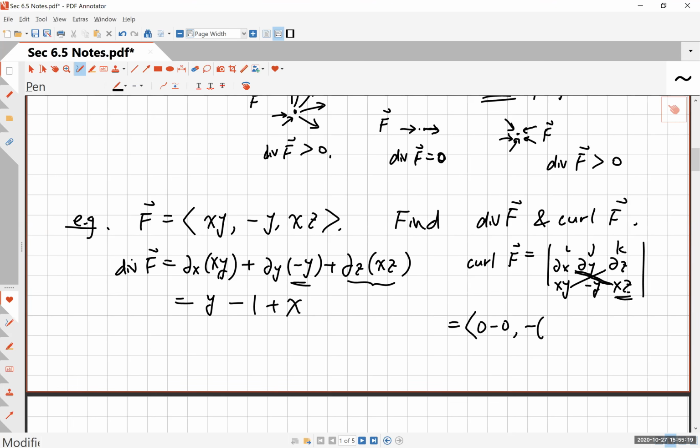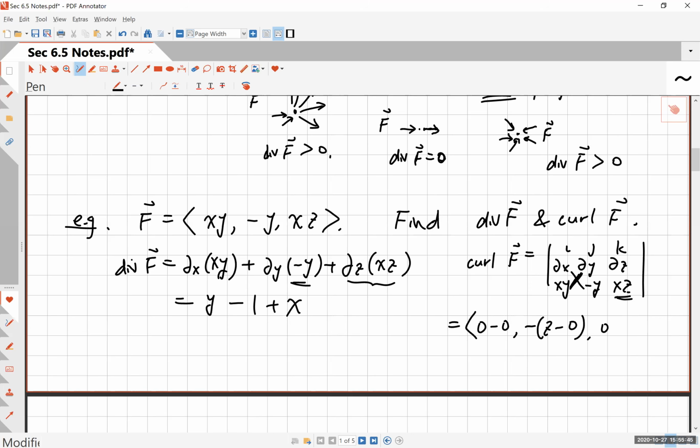Now this first combination is the partial of xz with respect to x, so you get z. And for this one here, you take the partial of xy with respect to z. Well, that's 0. So that is the middle factor. And then the last one will be this minus that. You take negative y and differentiate it with respect to x, you get 0.